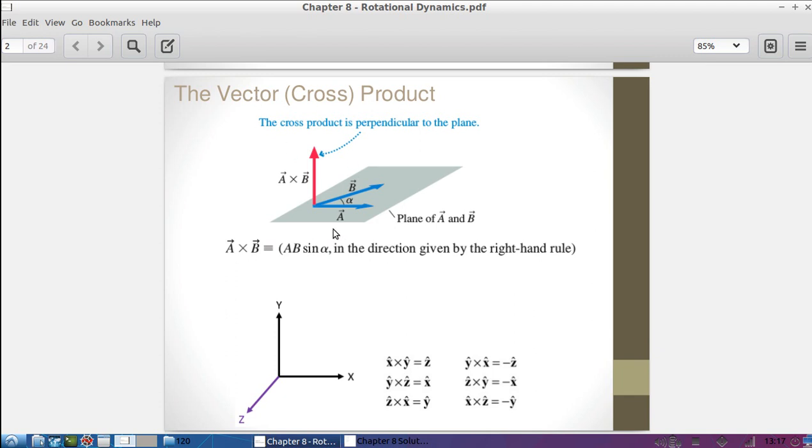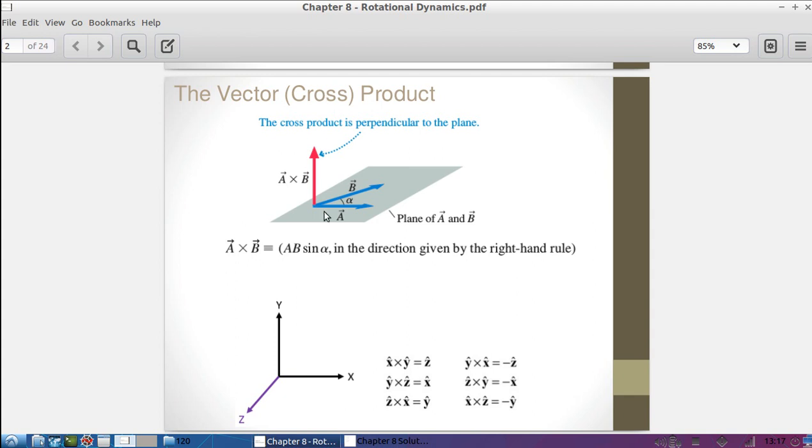Right, so I have two vectors, A and B. We used to multiply them by AB cosine theta, and then we got a scalar, and that's what we use for work and energy concepts. But there's a new type of product that actually results in a vector. We call this the cross product because in our notation we use an X instead of a dot. We had the dot product back in chapter 5. Now we've got the cross product.